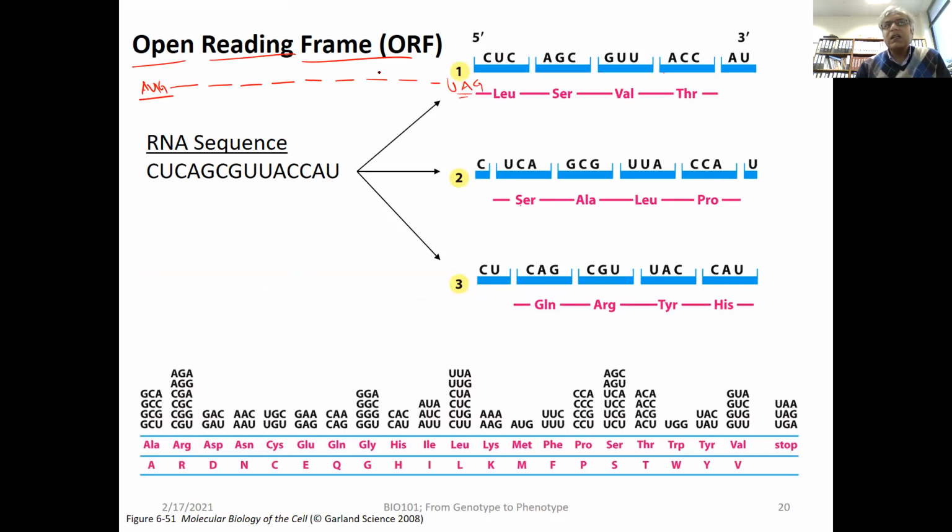UAG can also be like this, UAG, but this will not be one codon. This U is contributing to this codon. This has to be an independent codon in the triplet code. When you have such a sequence, AUG all the way to UAG in a messenger RNA sequence, we call this an open reading frame.